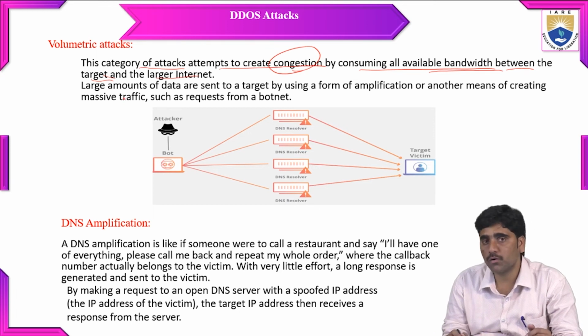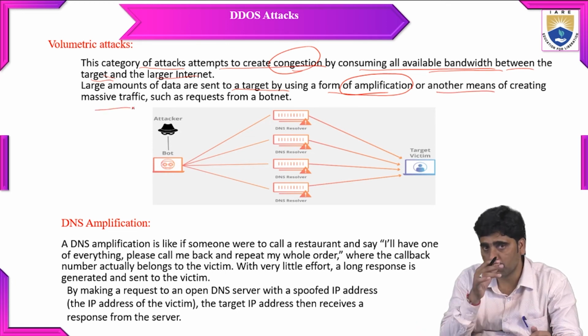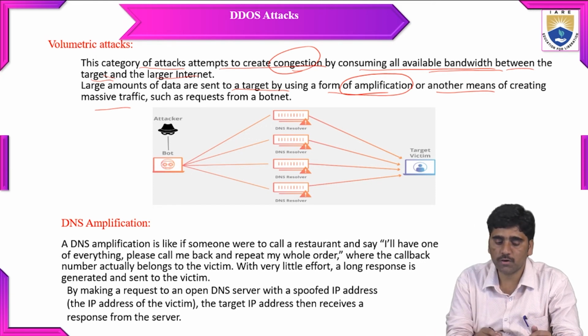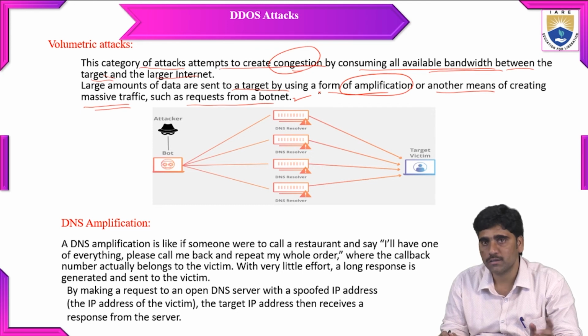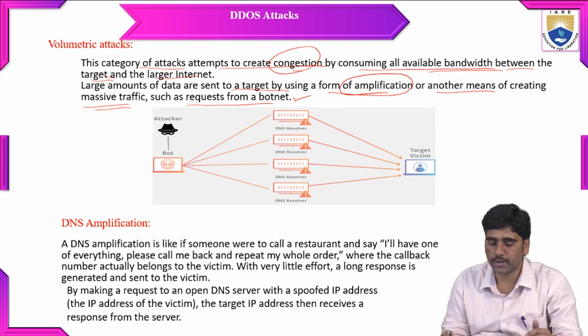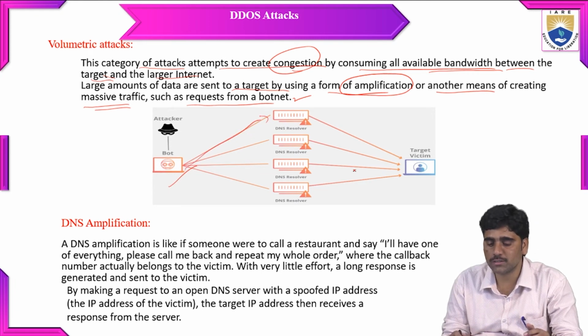A large amount of data is sent to a target by using a form of amplification or another means of creating massive traffic, such as requests from a botnet. In this figure, the bots are attacking the DNS resolver, and they are going to target the machine.